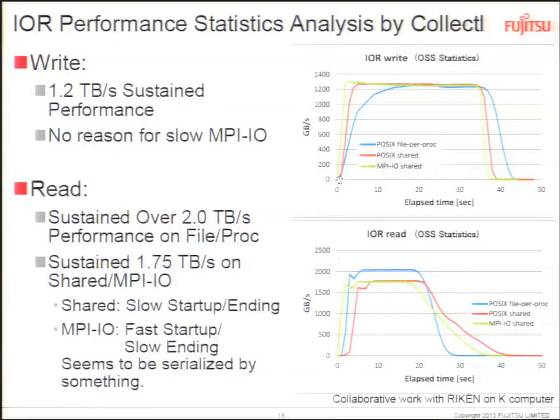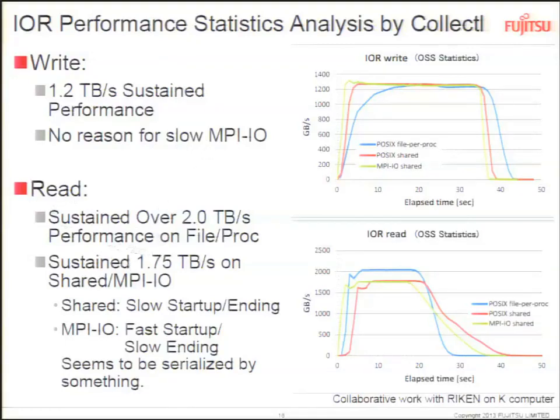In the MPI-IO case, it starts very fast and continues fast, but the ending time is very long. File per process gradually goes up, and finally the ending time is very fast. And for shared file, the starting time is very good, but the end time is long. However, it sustains 1.2 terabytes per second, but there is no reason for slow MPI-IO.